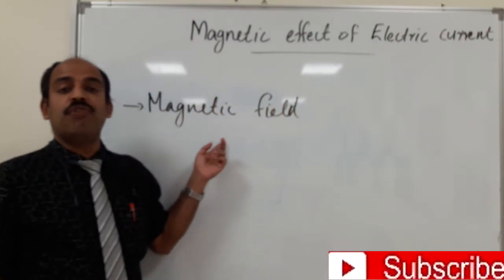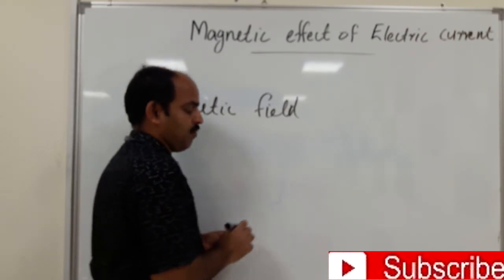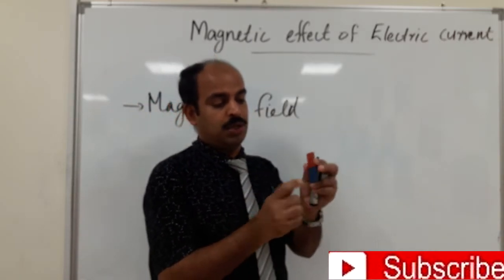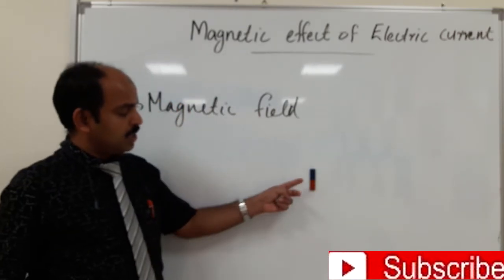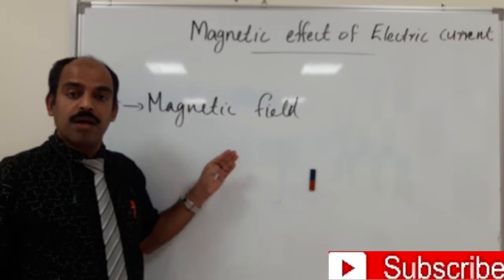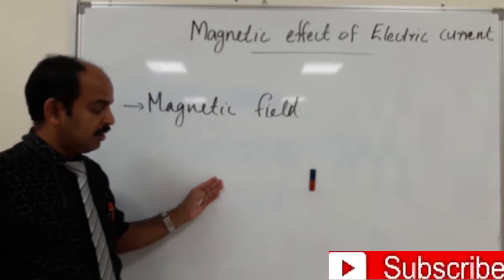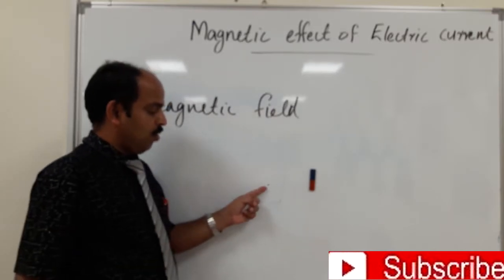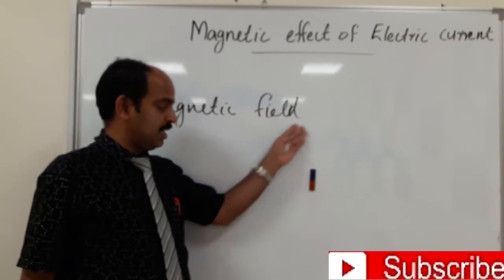Similarly, a magnetic field means the region around a magnet. For example, this is a bar magnet. Two poles are there, north and south. If you keep any magnetic object, like iron, near this bar magnet, it may attract or repel, so a force is exerted nearby.